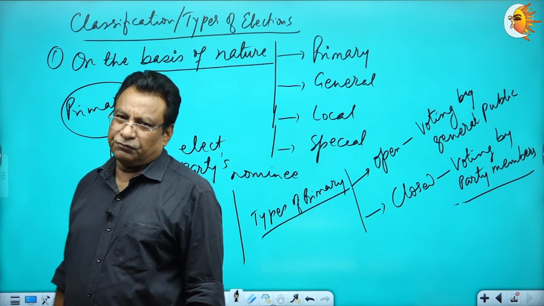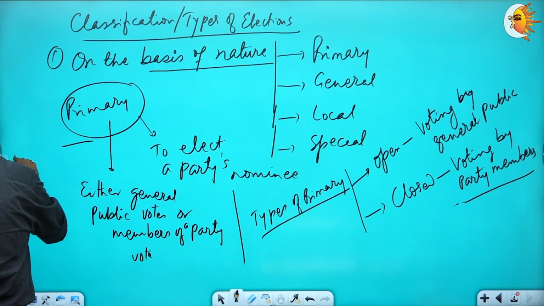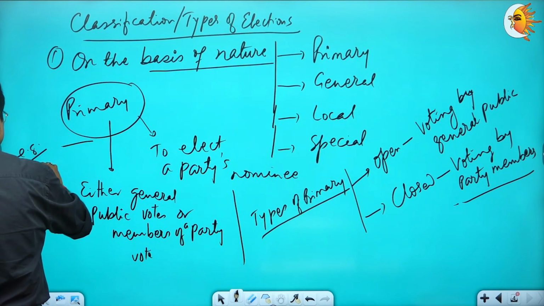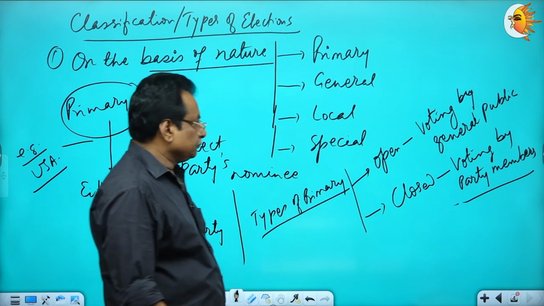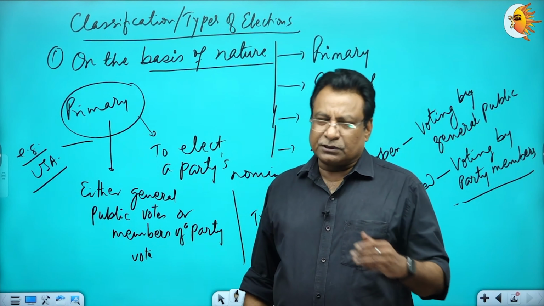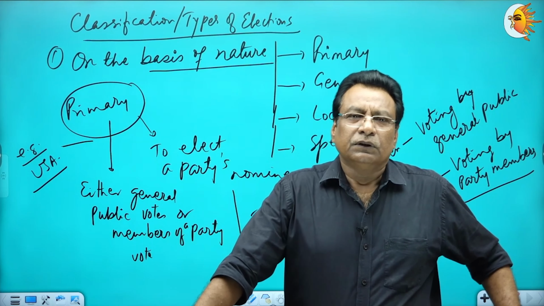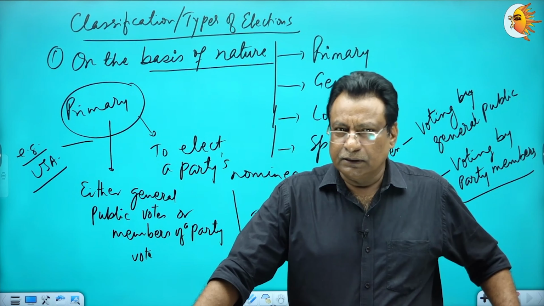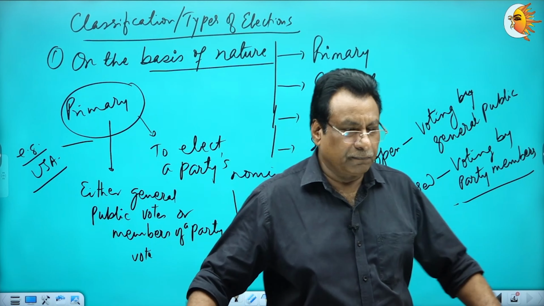This is what we say in types of primary, and an example we have is the USA presidential election of United States. What I said is that after the first round of voting, if none of the candidates could secure the absolute majority, then the second primary takes place, which is as good as runoff method.